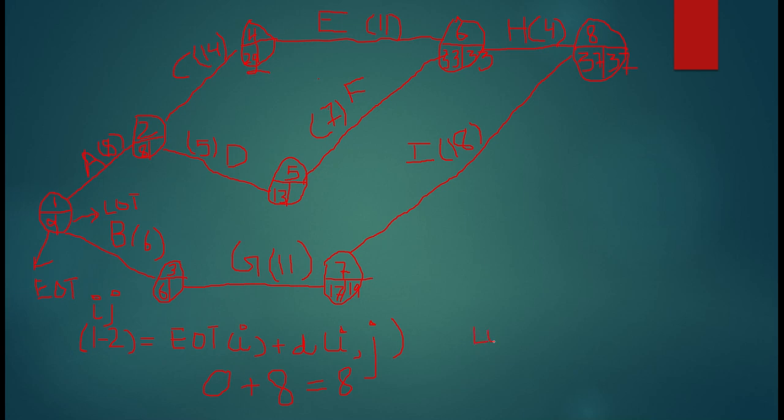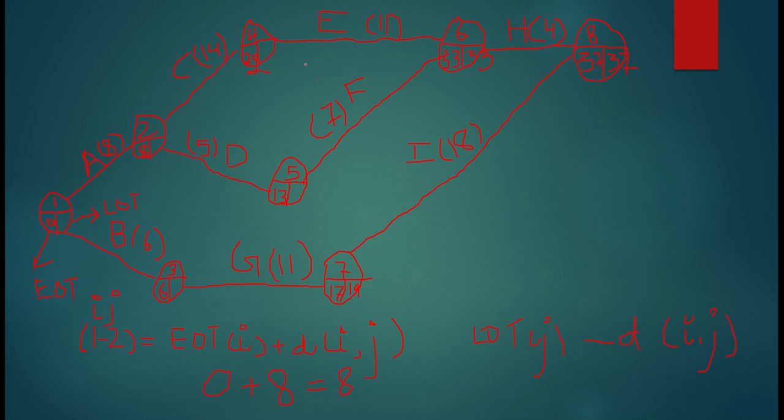LOT of I equals LOT of J minus duration of IJ. Okay, so this would be the formula which I am applying. So 37 minus 4 is 33.